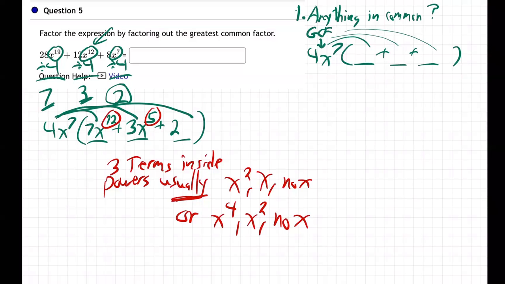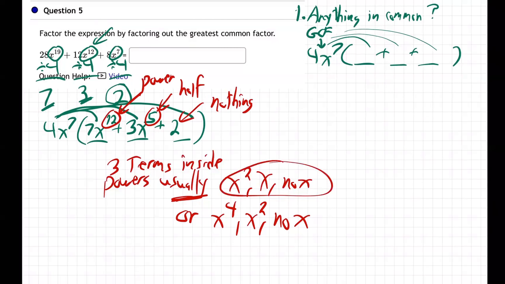Basically, what you have to have is some kind of power, and then half of that amount, and then nothing there. That's the general rule. Now, they're not going to push you really hard. You go to higher, like pre-calculus, more advanced classes, you'll have more advanced. But for now, really just look for x squared, x, and no x.